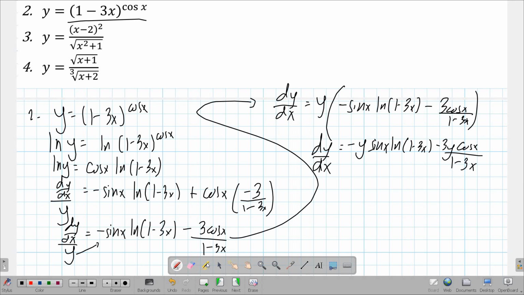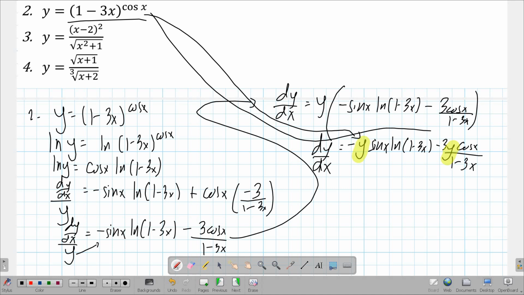This y here has this value, so that gets replaced.